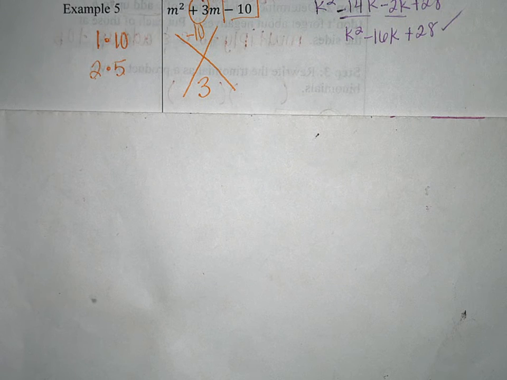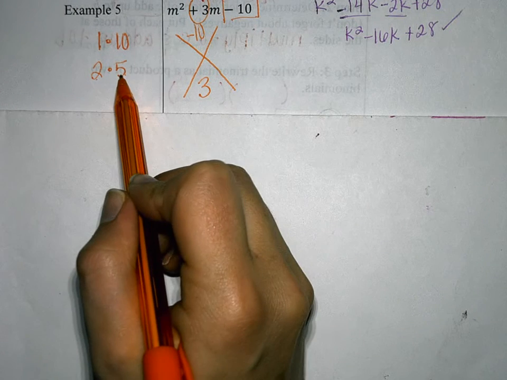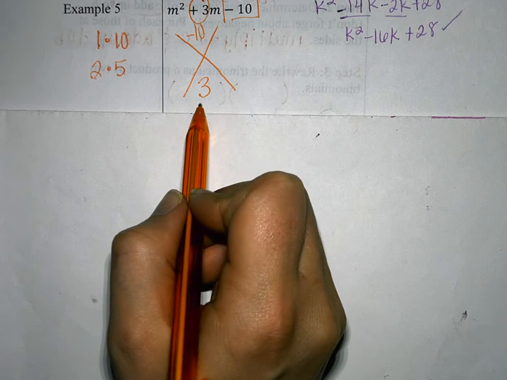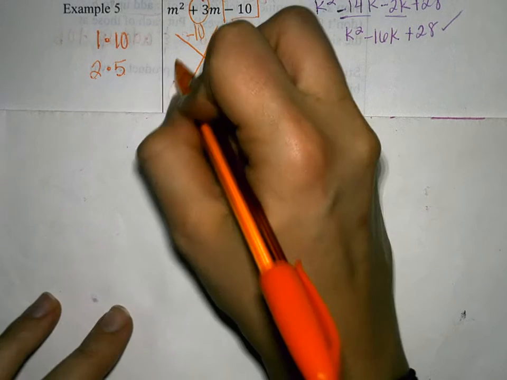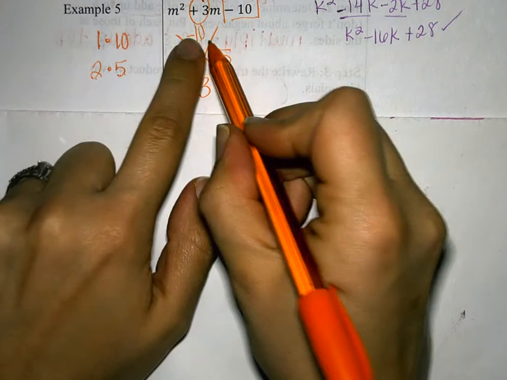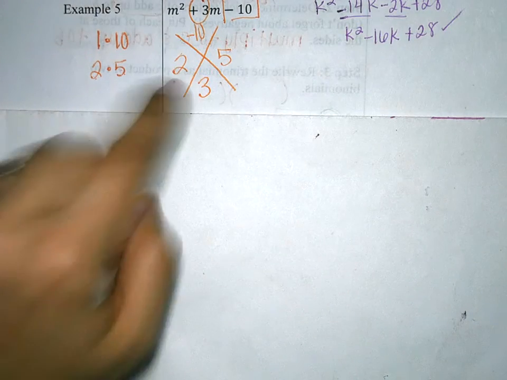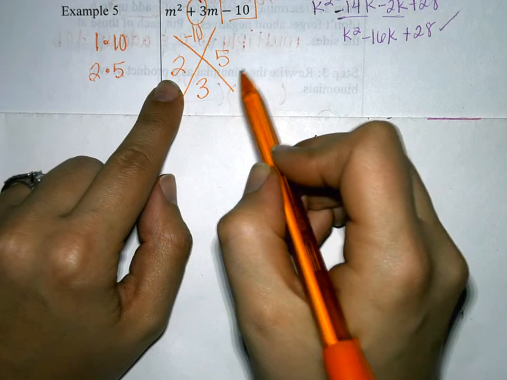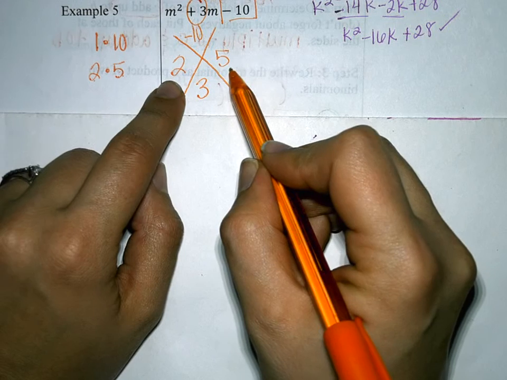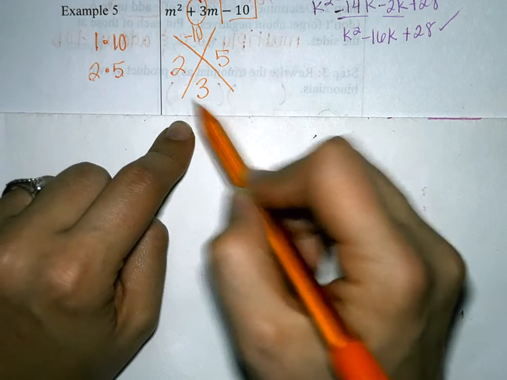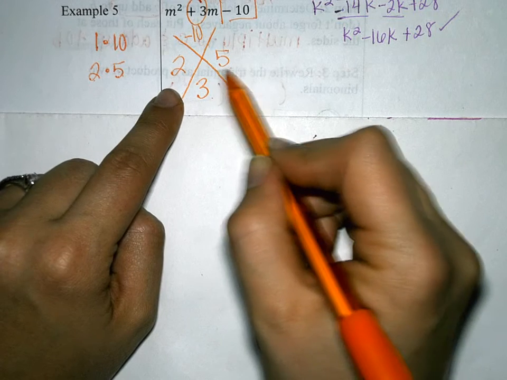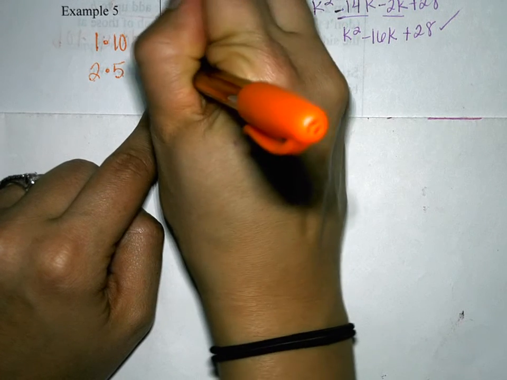But 5 minus 2 will give me 3. So I'm thinking that it has to do something with 2 and 5. But both of these are supposed to multiply to a negative. So I need one to be negative and one to be positive. If I need one of my numbers to be negative and one to be positive, but add up to a positive, the bigger one has to be positive, which means 2 has to be negative.